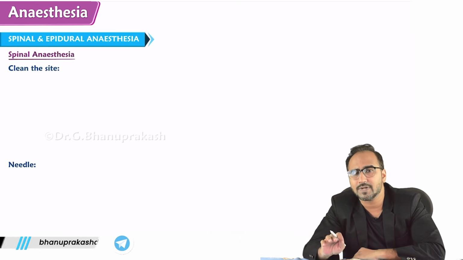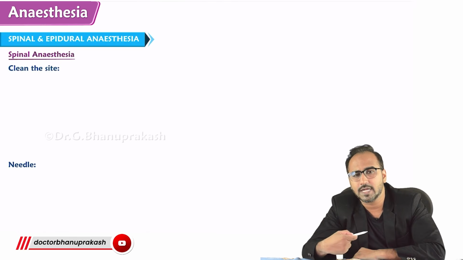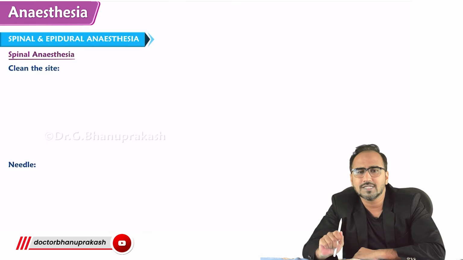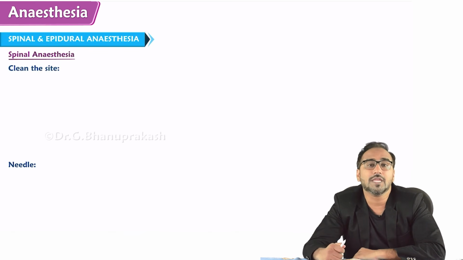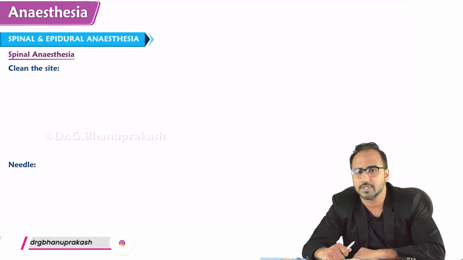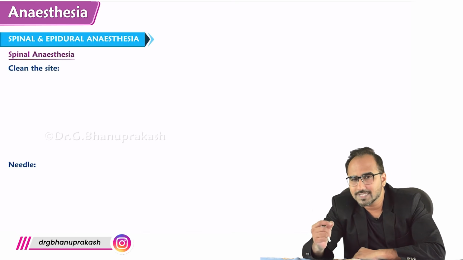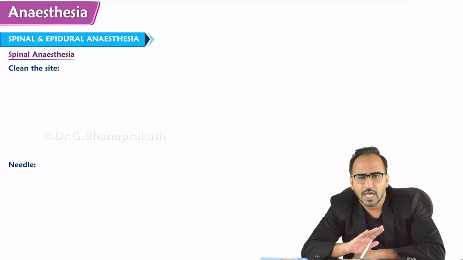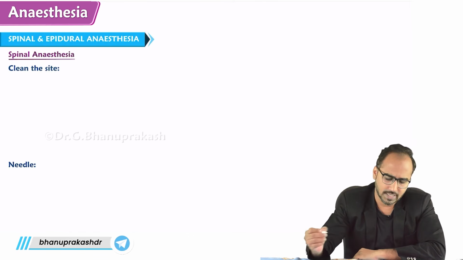But if you just apply betadine and insert your spinal needle over the betadine, the needle takes that betadine and leaks it into the CSF, leading to chemical meningitis caused by the iodine solution. That's why first we apply betadine, next we apply surgical spirit to remove the betadine, next we apply the dry cotton. Now the area is totally ready for the introduction of your spinal needle.